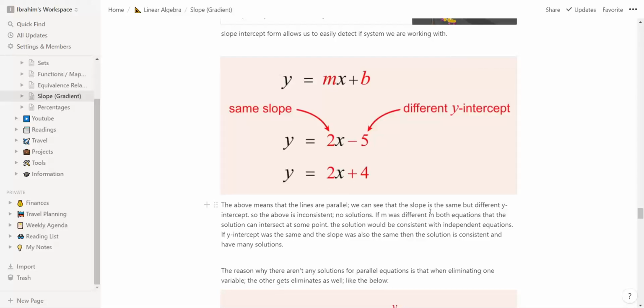We can see that the slope is the same but different y-intercepts, so the above is inconsistent, no solutions. So it's all based on the slope. If the slopes differ in both equations, then the lines can intersect at some point. The solution would be consistent with independent equations.